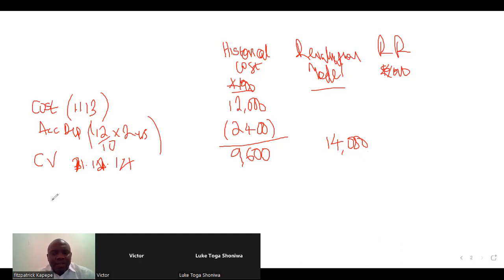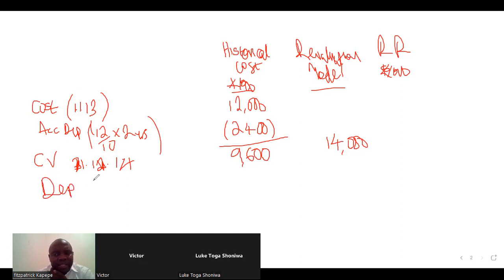So then we had depreciation, because 2 years had actually passed. So the depreciation on historical cost was 1,200.